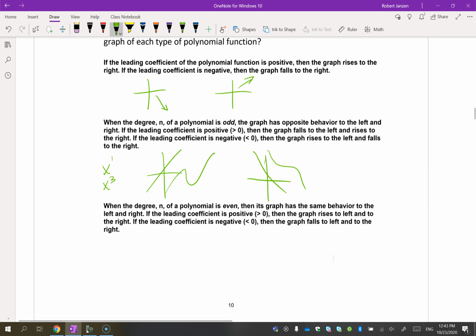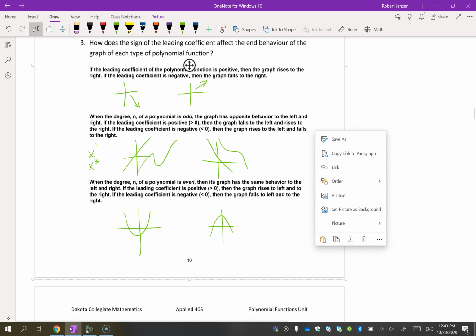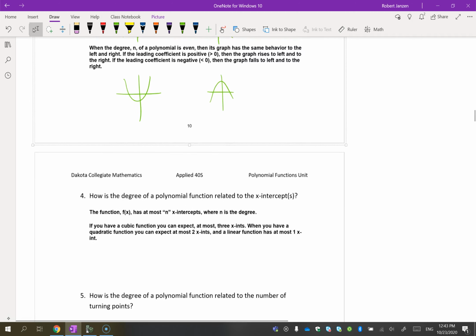If the degree is even, then we're going to get either this parabola going up if it's positive and down if it's negative. So these are some generalizations. I would go over them, make sure you understand them, but generally speaking, if you have the equation and you graph it, you're going to figure that out as you go anyways, so you probably don't need to know that.